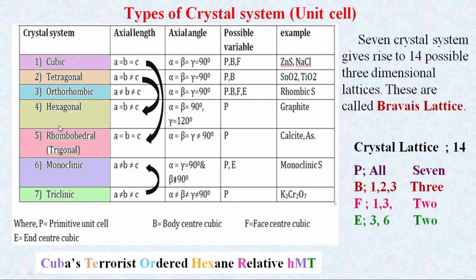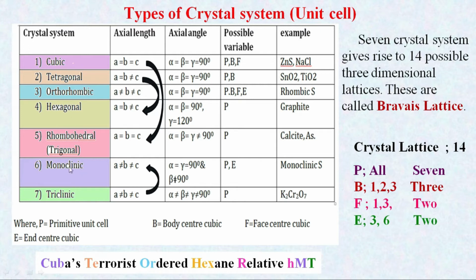Now to remember these 7 systems, I will use one code, because here we need to remember the 7 systems with the relationship of axial length and axial angle. So the 7 systems are cubic system, tetragonal system, orthorhombic system, hexagonal system, rhombohedral, which is also called trigonal system, monoclinic system, and at last triclinic system.